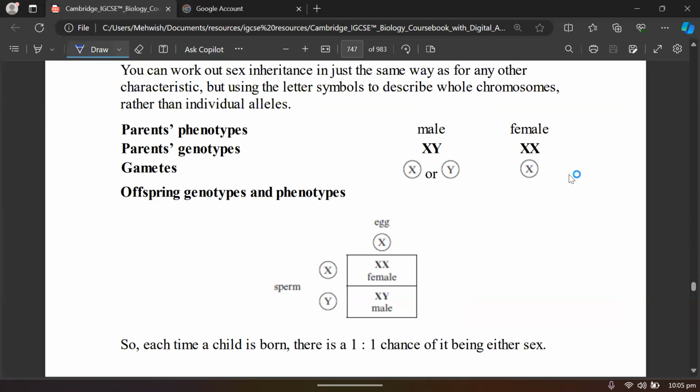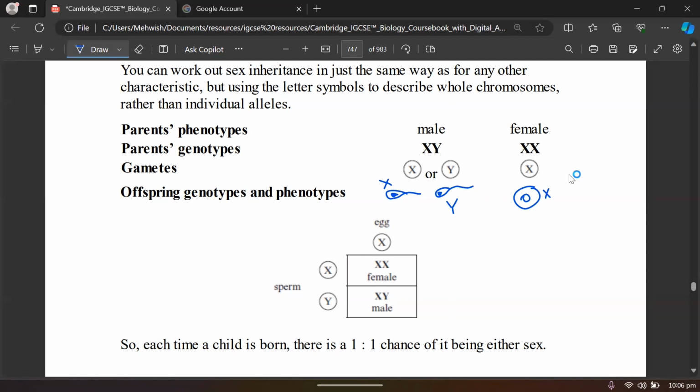And when these X and Y develop into sperms, right, we can say that males can produce two types of sperms, one carrying X and the other carrying Y, right? It is not the female eggs, because eggs will always carry the X chromosome, no matter how many eggs a female produces throughout her life, right?